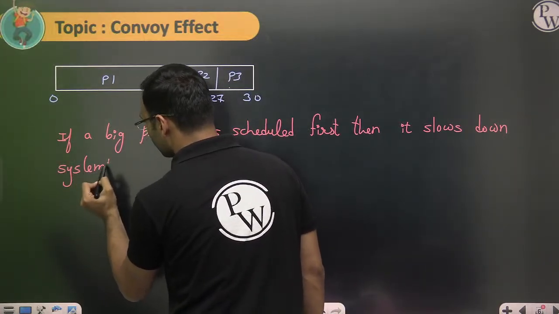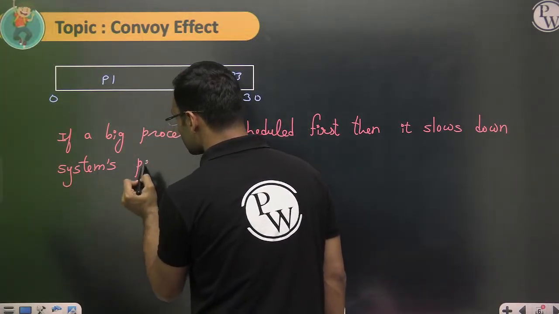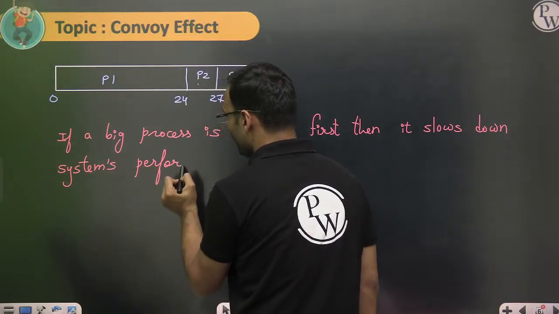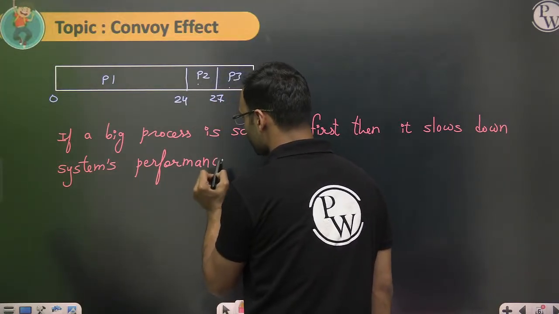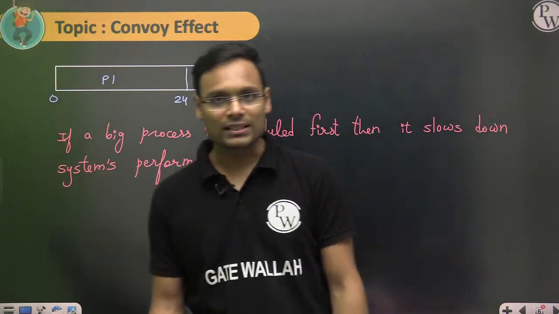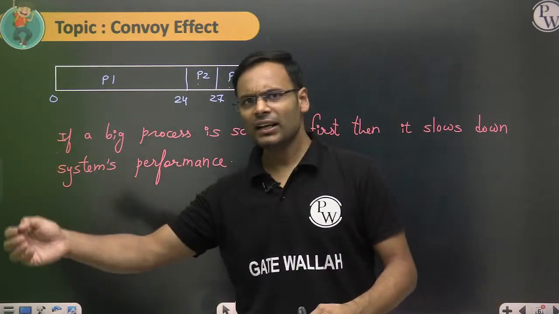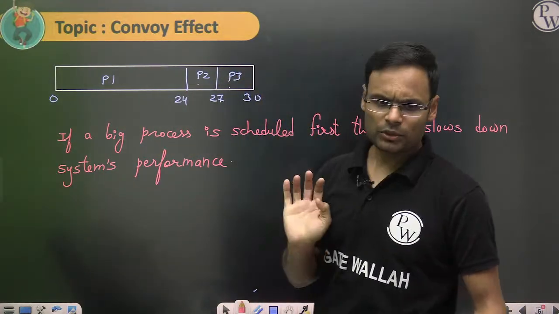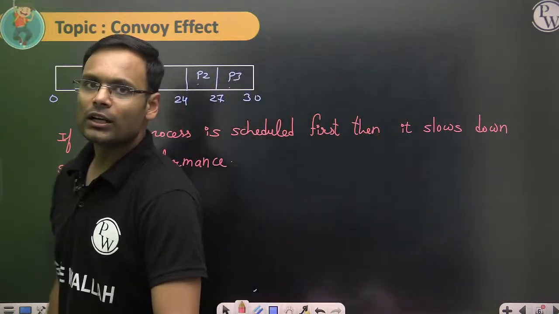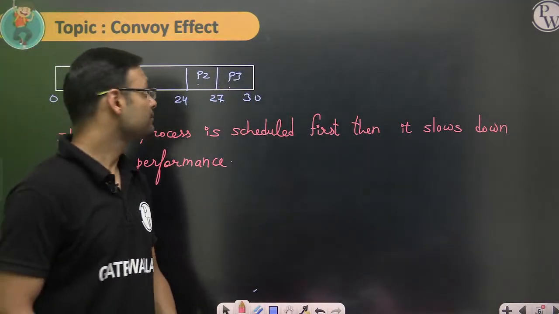Why? Just because that single process itself is running for a long time and the processor is not able to run any other process, and the rest of the processes are getting delayed. At the end, they are running for some time. That is called the convoy effect.